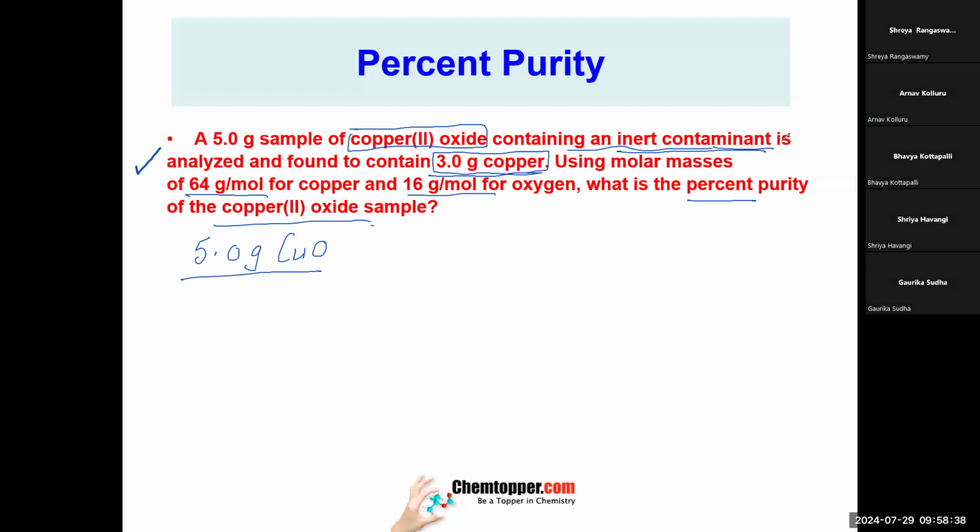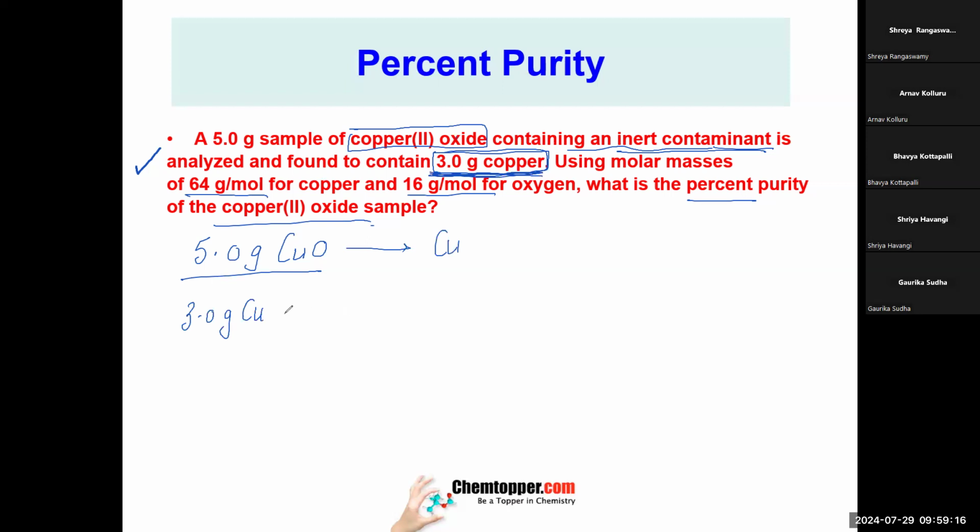Okay, now when they were doing work with this sample of copper 2 oxide, they found that it has 3 grams of copper. So this 3.0 grams of copper, is it pure or impure? They converted this into copper. It is pure. Very good.